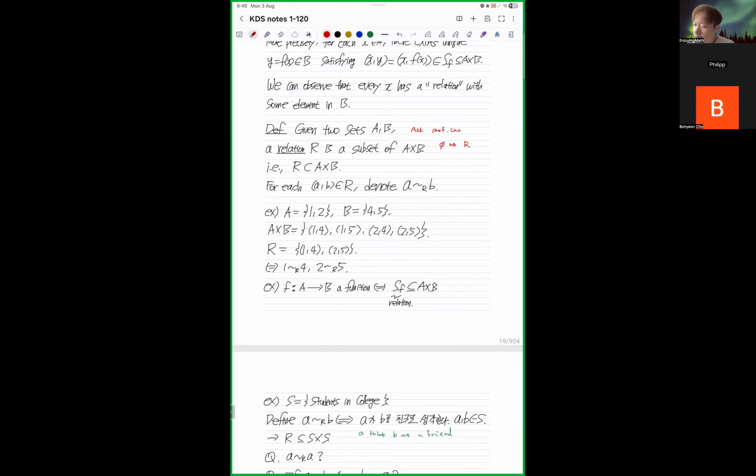Whether the empty set as a relation has meaning in a later mathematical sense or not, we can ask this when we have the feedback session. Great point, thank you for pointing it out.